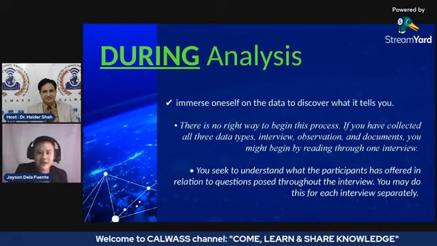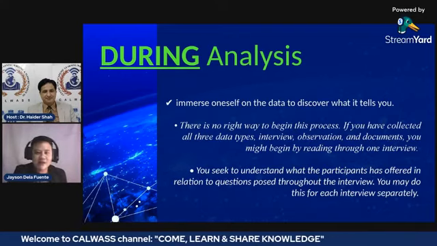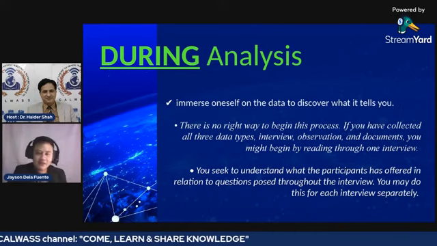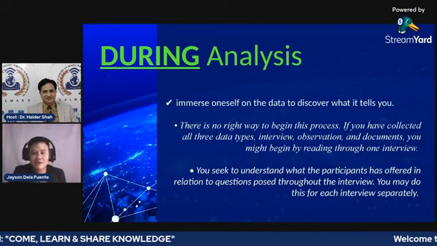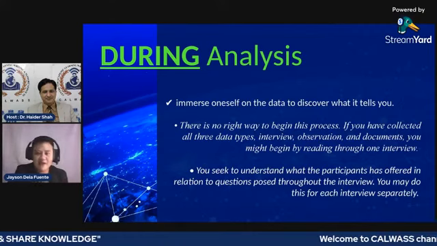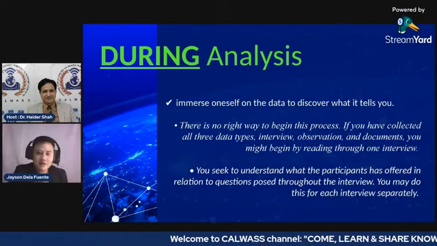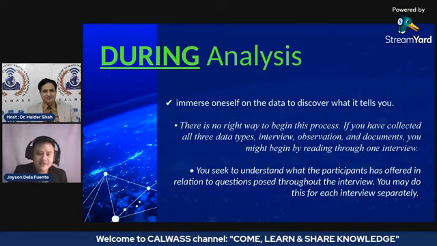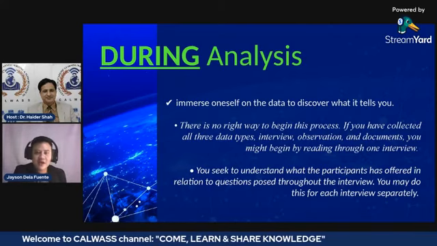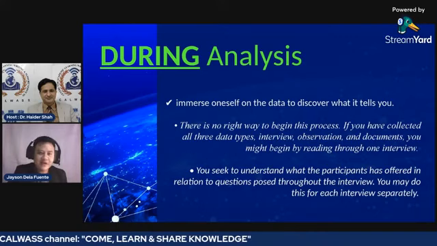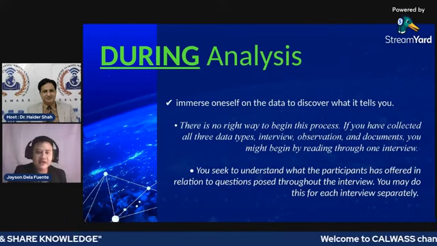If you have collected all the data through interview, observation, or documents, you might begin by reading through one interview. If you have one or two participants in your study, you may start immediately after gathering all the data that you need. You can start analyzing your data.